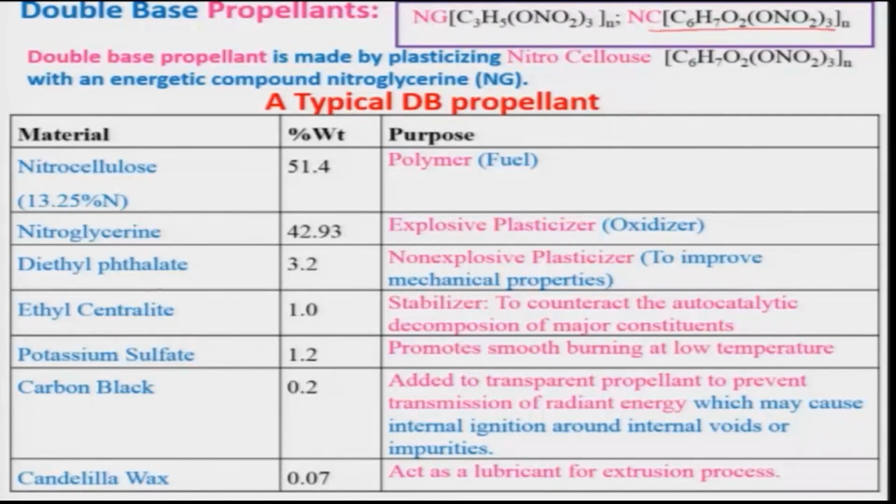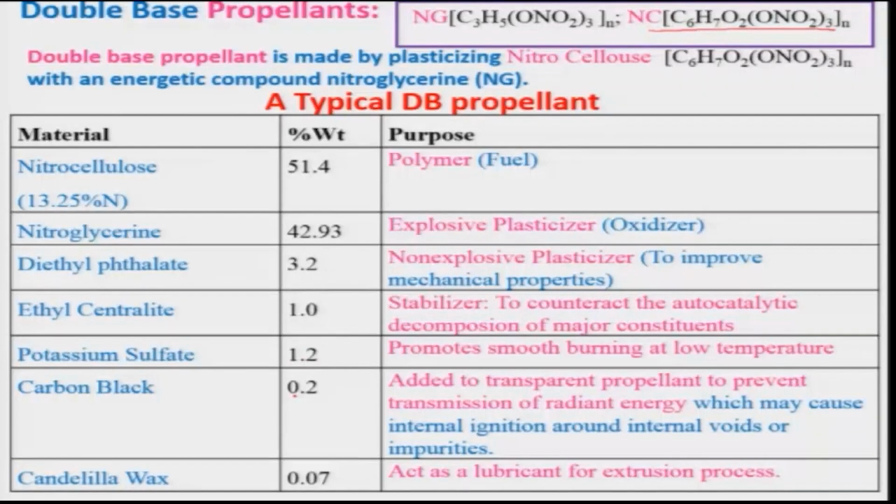Diethyl phthalate is used as a non-explosive plasticizer to improve the mechanical properties, and ethyl centralite, around 1%, acts as a stabilizer such that autocatalytic decomposition of the major constituents can be avoided. And potassium sulphate is used to promote smooth burning at low temperatures, which is a big problem with this double base propellant. But the percentage of potassium sulphate is quite low, that is 1.2%.